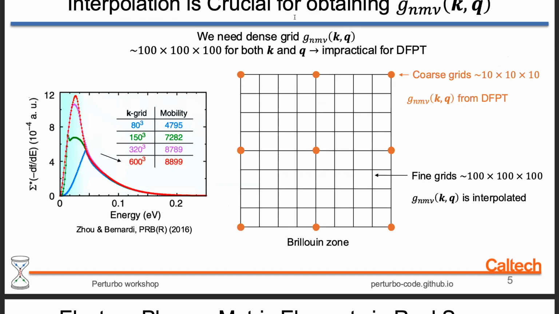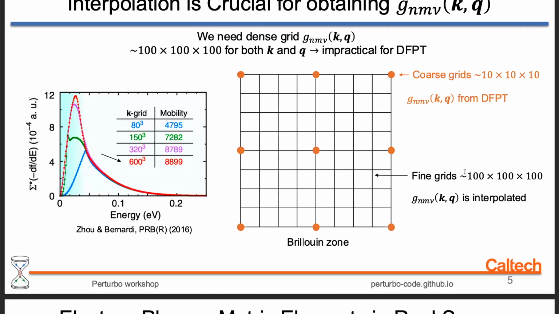Like I said, to do these transport and dynamics calculations, we need very dense k and q grids. DFT and DFPT typically operate on the order of 10 k points in each direction.